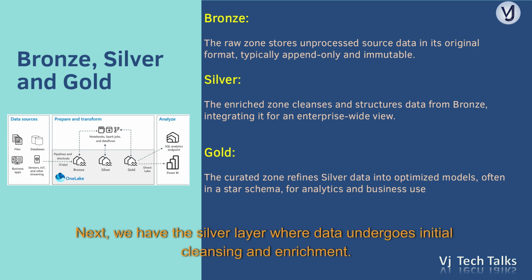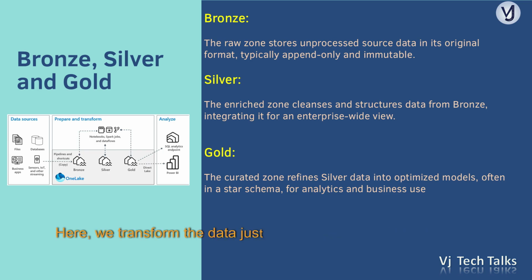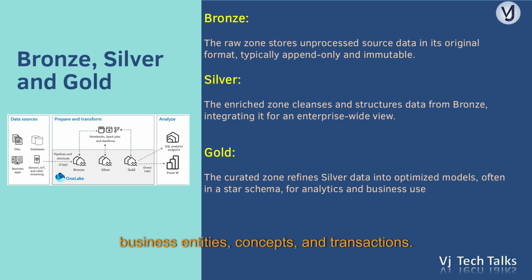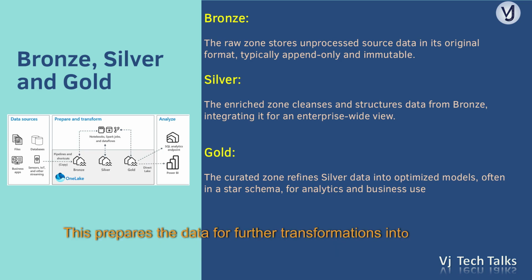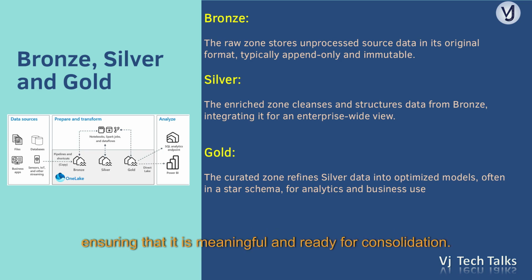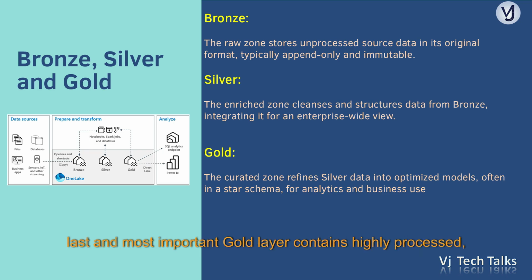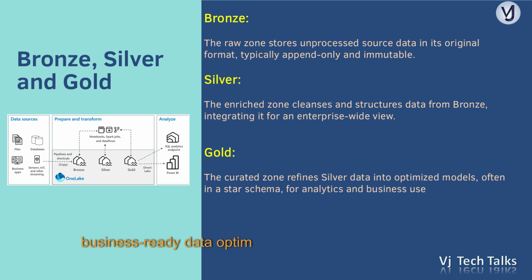Next, we have the silver layer where data undergoes initial cleansing and enrichment. Here, we transform the data just enough to provide a unified view of essential business entities, concepts, and transactions. This prepares the data for further transformations into the gold layer, ensuring that it is meaningful and ready for consolidation. Last and most important, the gold layer contains highly processed, business-ready data optimized for reporting and analysis.